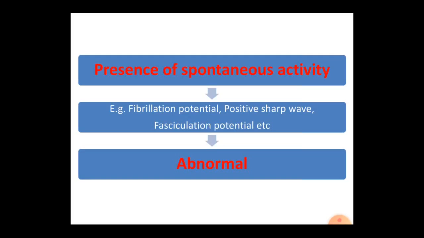So we can say that before 3 weeks, even if the patient is having abnormality, spontaneous activity will be absent. And for upper limb after 6 months and for lower limb after 18 months, even if the patient is having abnormality, spontaneous activity will not be visible. In all other cases, presence of spontaneous activity itself is abnormal. It is either signs of denervation or signs of reinnervation.